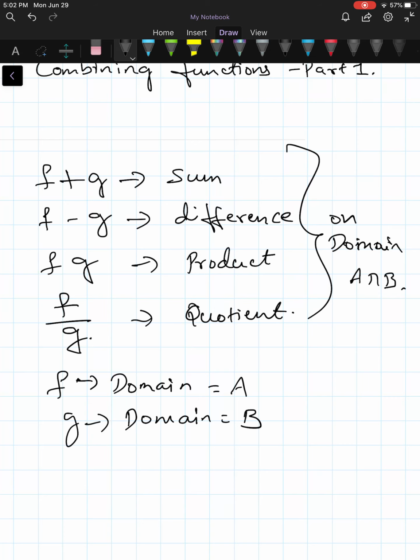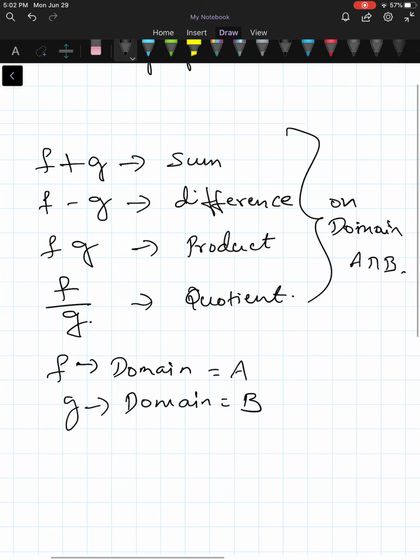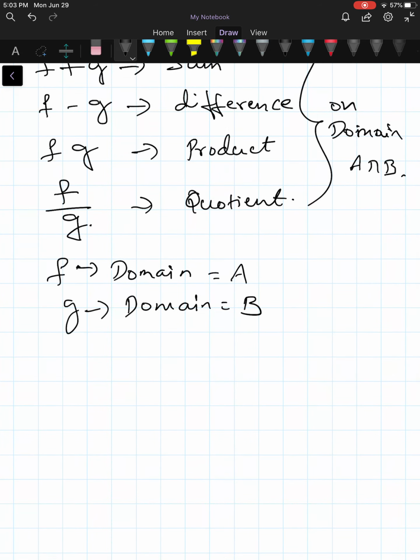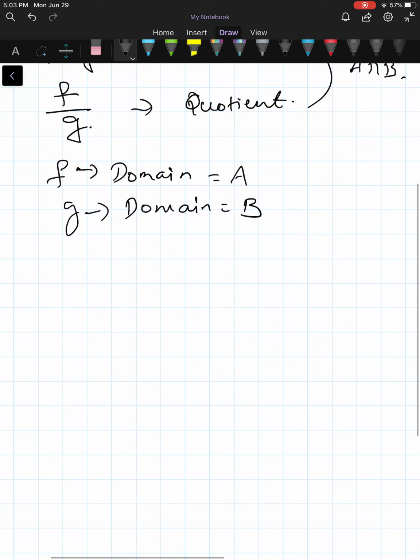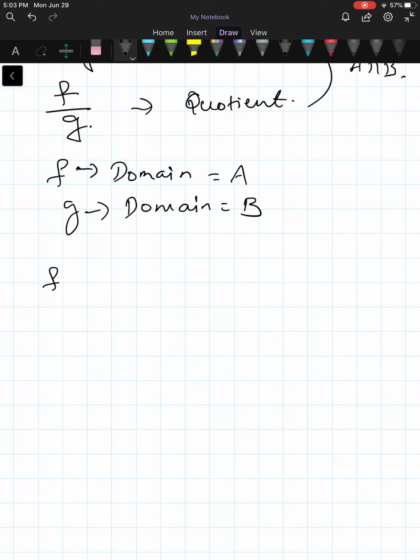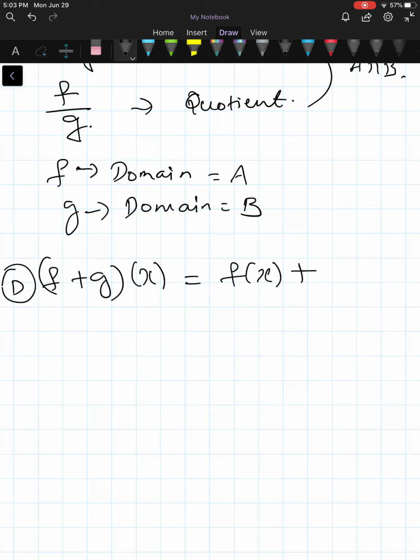Now to state whatever I said, if f and g are functions with domains A and B, then the functions f plus g, f minus g, fg and f divided by g are defined as follows. f plus g of x is nothing but you are adding the functional values after you apply f on x and g on x.